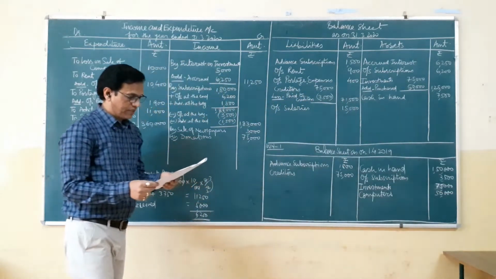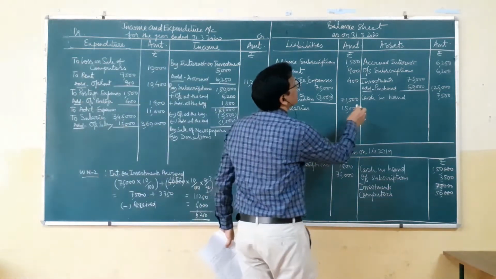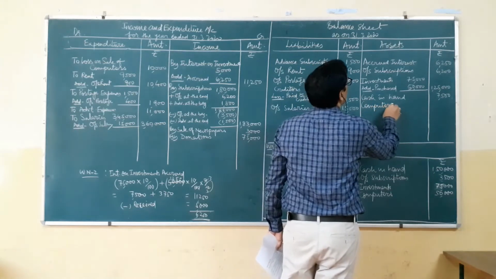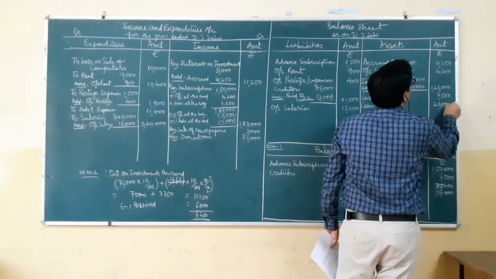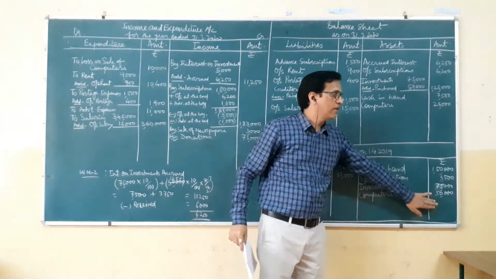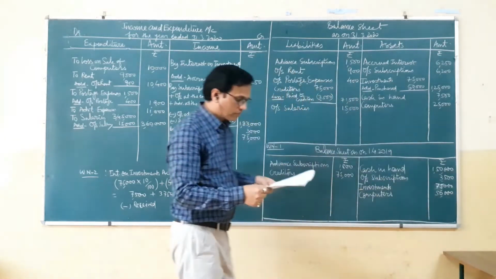Then half of it is sold. It means computers left with us at the end of the year are 25,000. Total 50,000 rupees of computers were there in the beginning. Half of it has been sold, so 25,000 rupees.